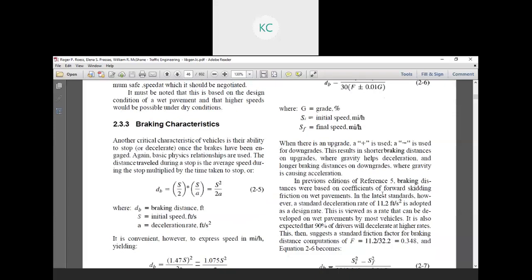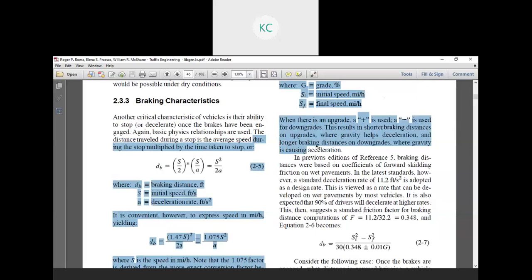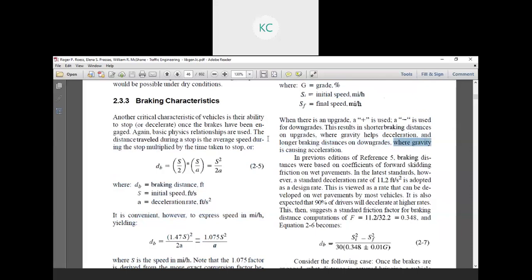When there is an upgrade, plus is used, and minus is used for a downgrade. This results in a shorter braking distance on an upgrade, where gravity helps the deceleration, and a longer braking distance on a downgrade, where gravity is causing acceleration.